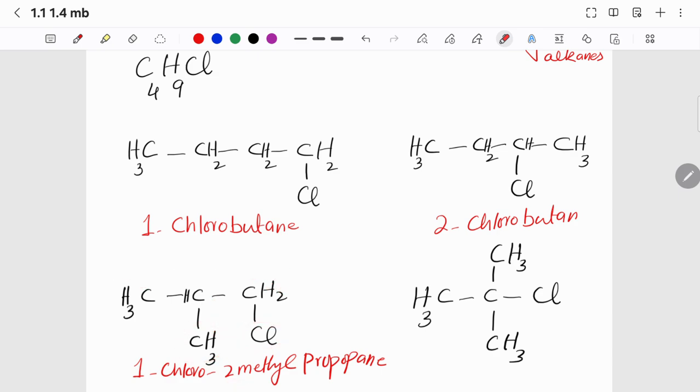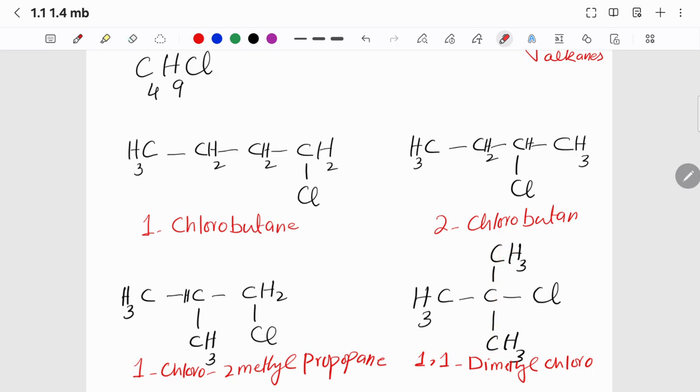All right, now this would be... let me see how many carbon atoms are in a straight chain. 1, 2, 3.